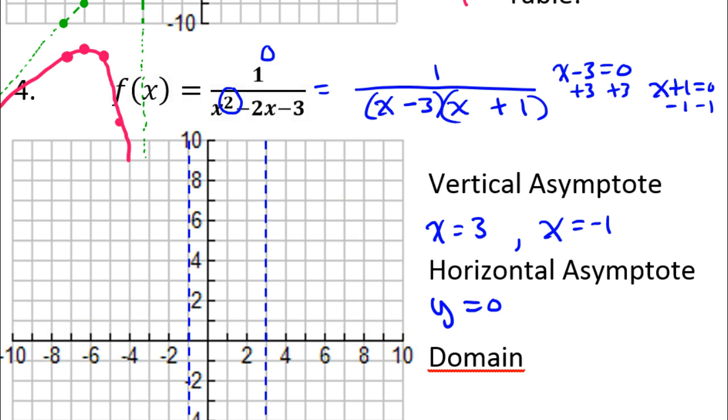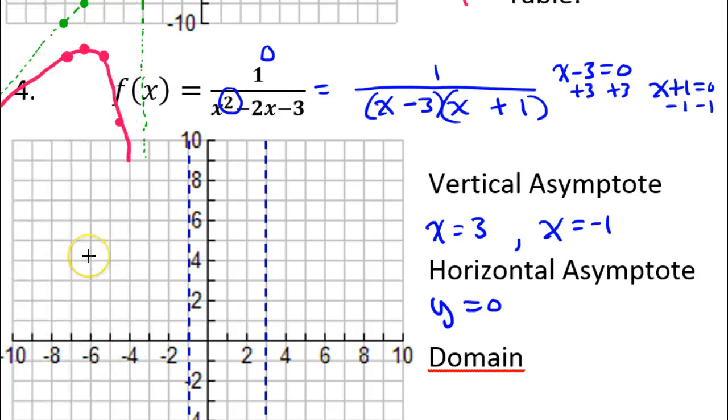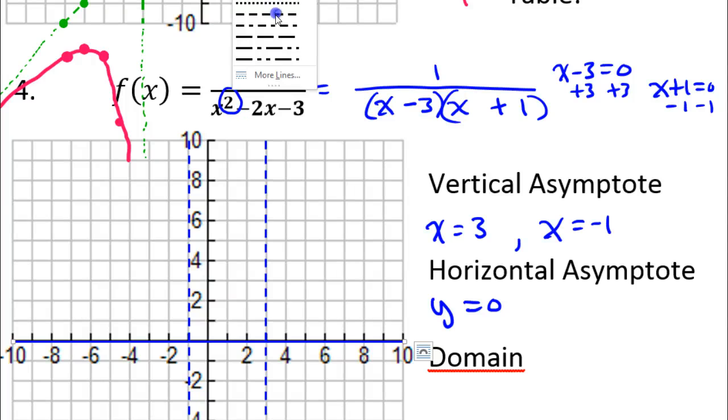It's the x-axis. So I'm just going to go ahead and graph that right now, like so. Okay, so there's my horizontal asymptote.